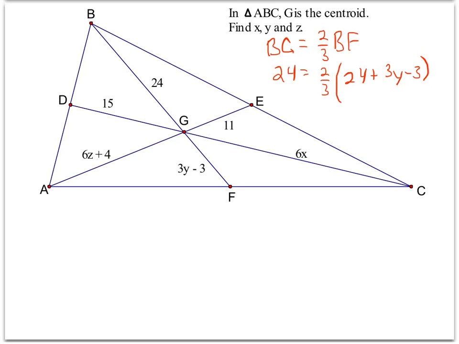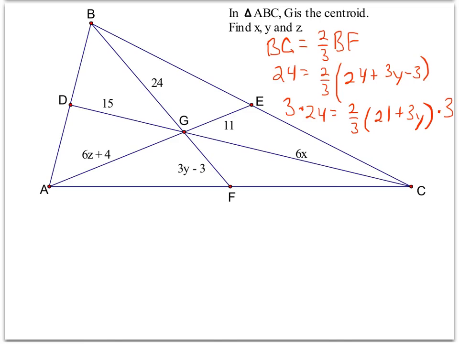Now some cleanup work. 24 is equal to 2/3 times 24 minus 3 is 21 plus 3y. Notice how I use parentheses. If I didn't do that, I would have made a mistake of not distributing the 2/3 everywhere. At this point, I don't really want to work with fractions, so let's go ahead and multiply both sides by 3.